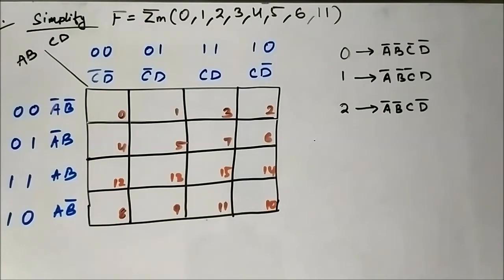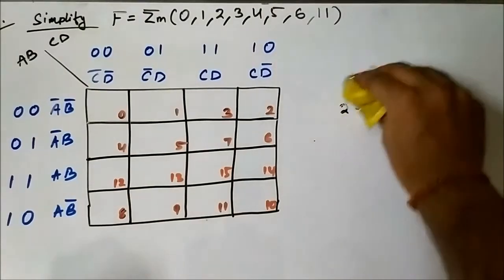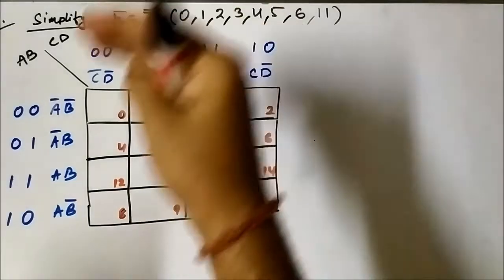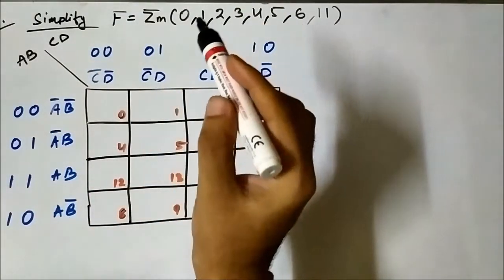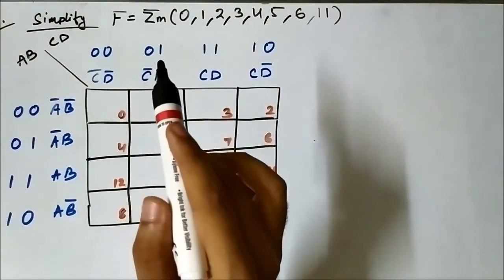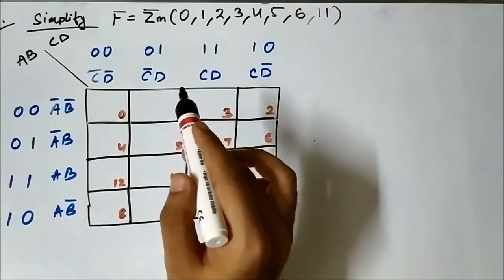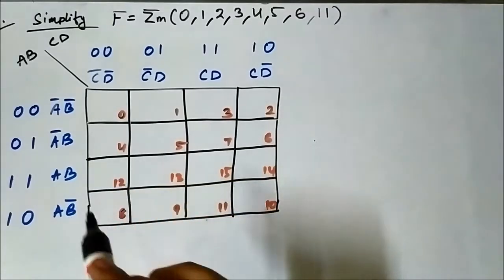Now you have already been given in terms of min terms, so it becomes very easy to mark the respective cells, mapping of the Boolean expression. So 0, 1, 2, 3, 4, 5, 6 and 11.